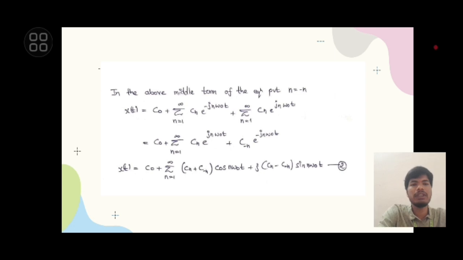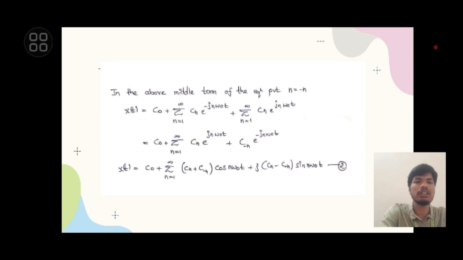In the middle term of the above equation, put n equals minus n. So x of t equals c naught plus summation n equals 1 to infinity c suffix minus n into e power minus jn omega naught t plus summation n equals 1 to infinity c suffix n into e power jn omega naught t.